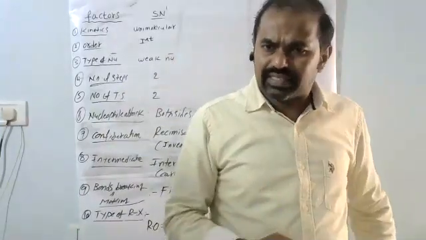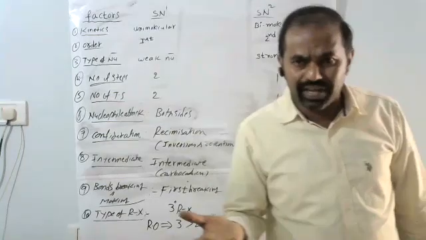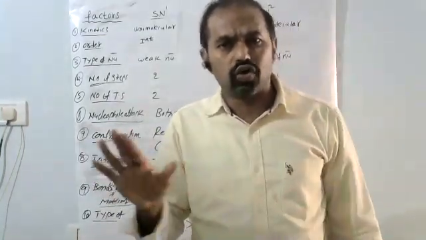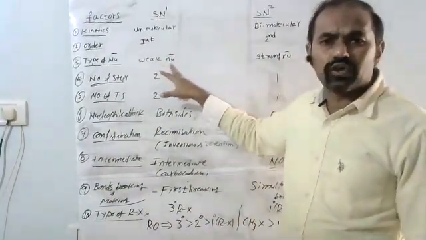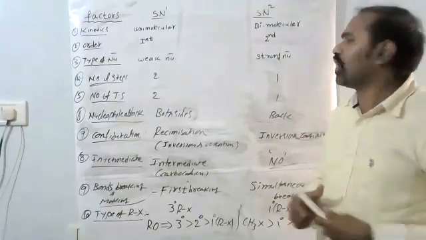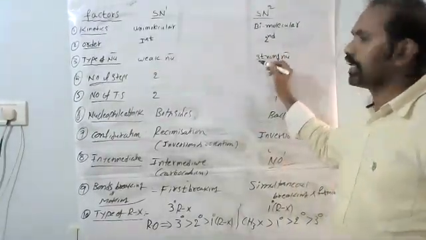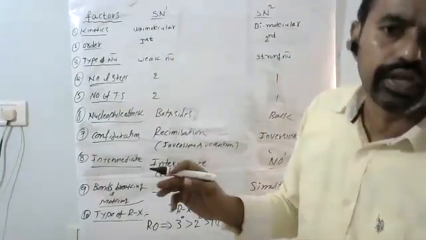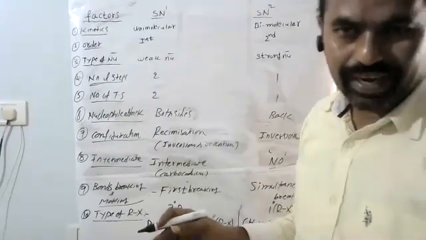In the SN1 reaction, the fastness of reaction does not depend on nucleophile strength. So for SN1 reaction, a weak nucleophile is also sufficient. But for SN2 reaction, we want a strong nucleophile.